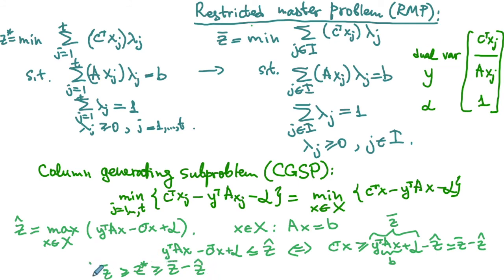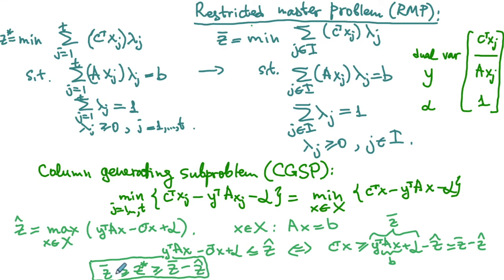As a result, we obtain these nice bounds for the optimal objective value of the original LP. This bound can be used to see how far we are from the optimal objective value after every iteration of the Dantzig-Wolfe decomposition framework, and this is something that we will always use when we apply this method.